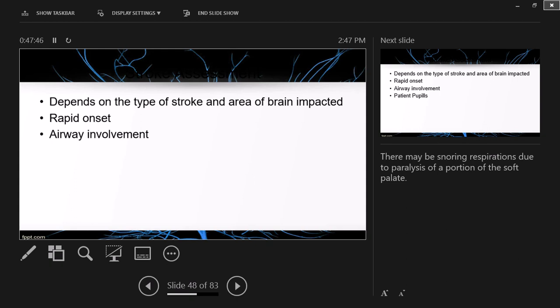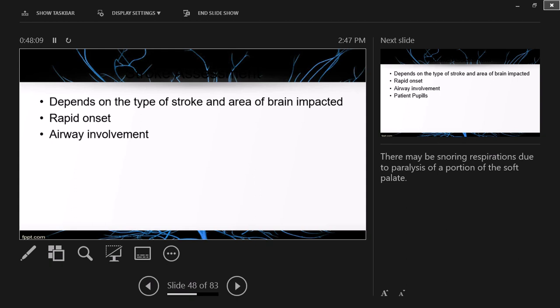TIA. So, a TIA, also known as a little stroke. The pure definition is going to be stroke-like symptoms that resolve within 24 hours.